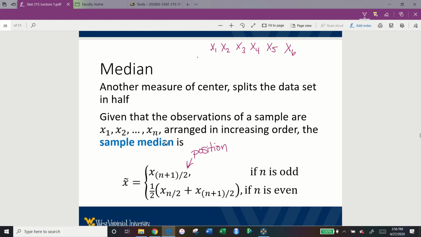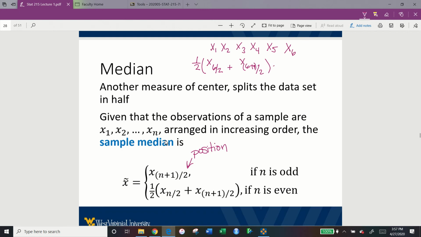So we are going to need to do 1/2 x sub n divided by 2. So that's going to be x sub 6 divided by 2 plus x sub n plus 1. So that's 6 plus 1 and quantity divided by 2.